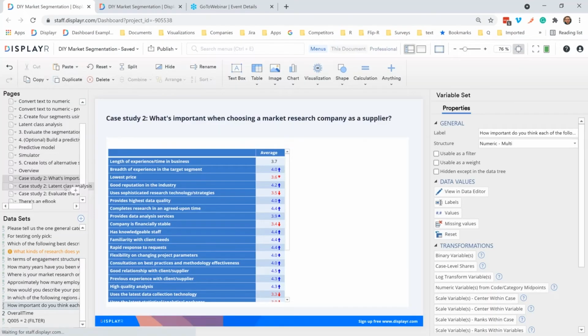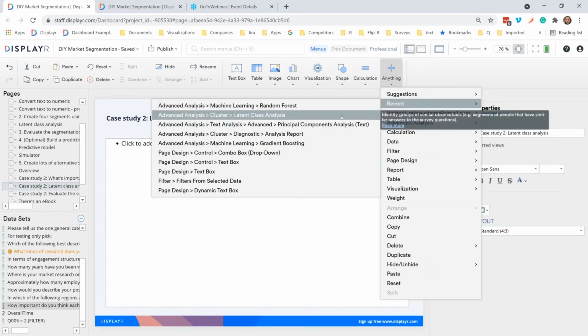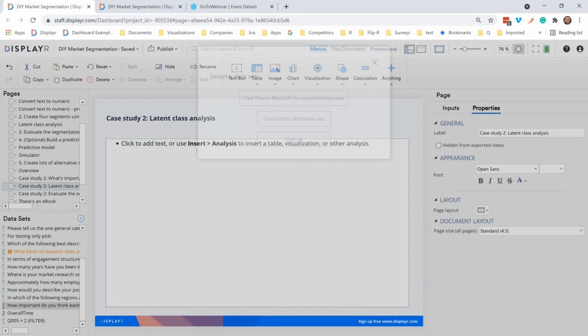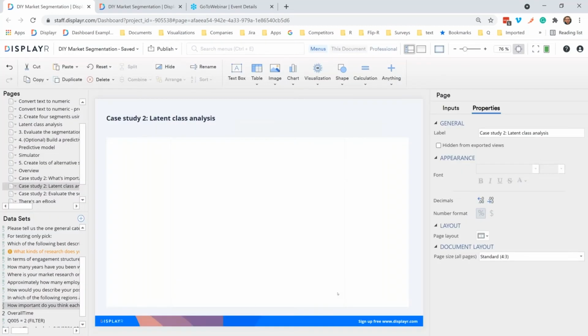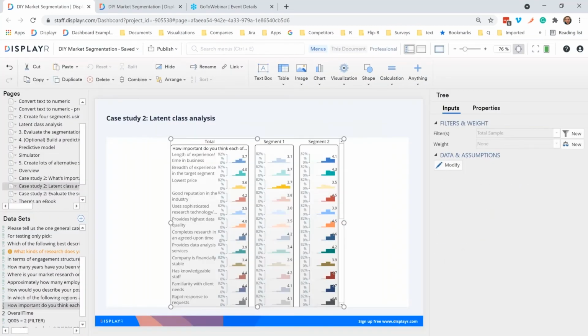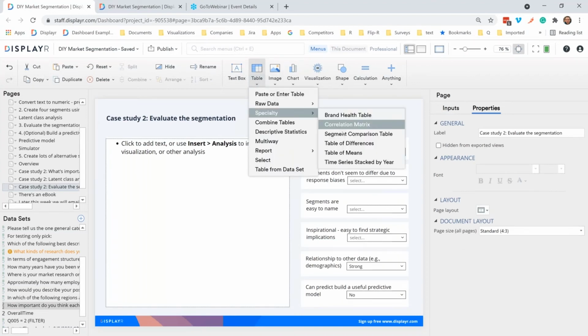Step 2, do the latent class analysis with 4 segments typically. Now, to make a point easier for you to see, I'm just going to choose 2 segments. Let's evaluate them. So we're now on to step 3. We do that nice little specialty table called the segment comparison table.